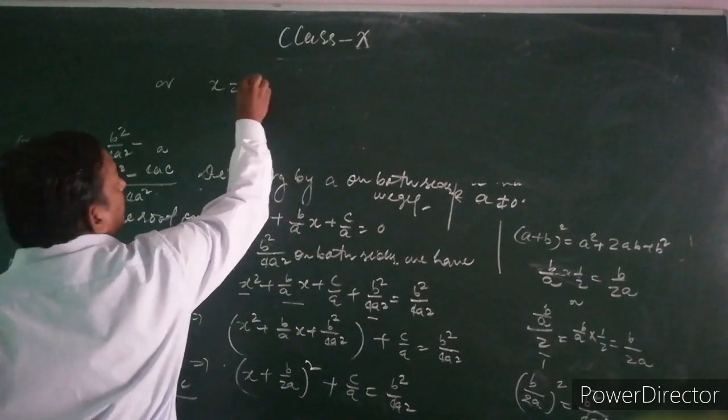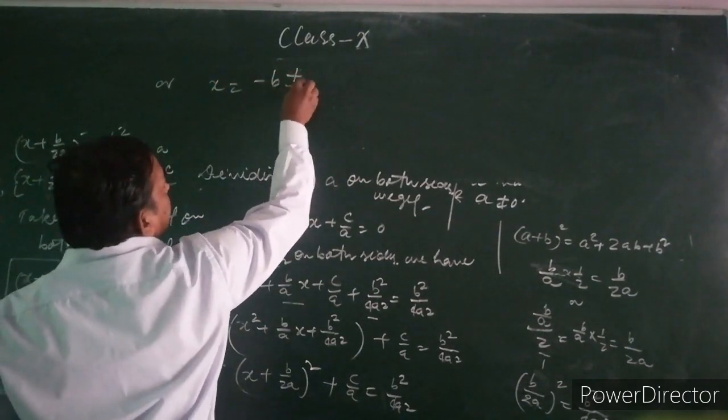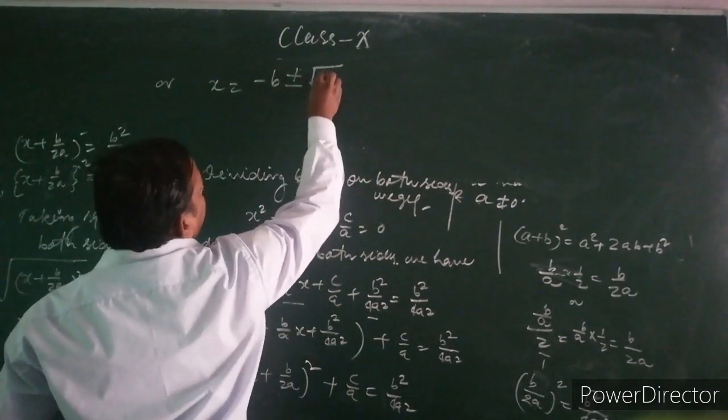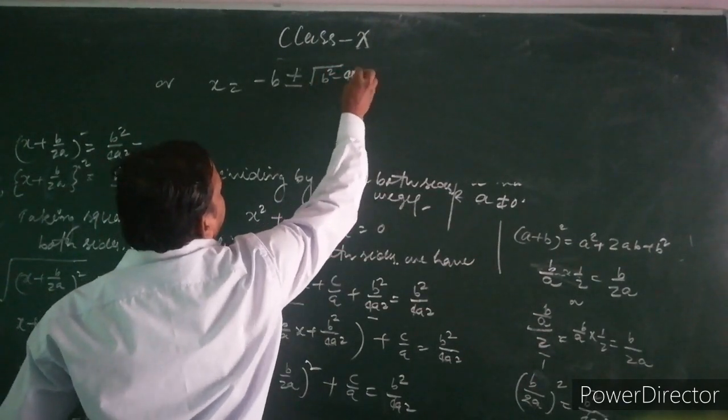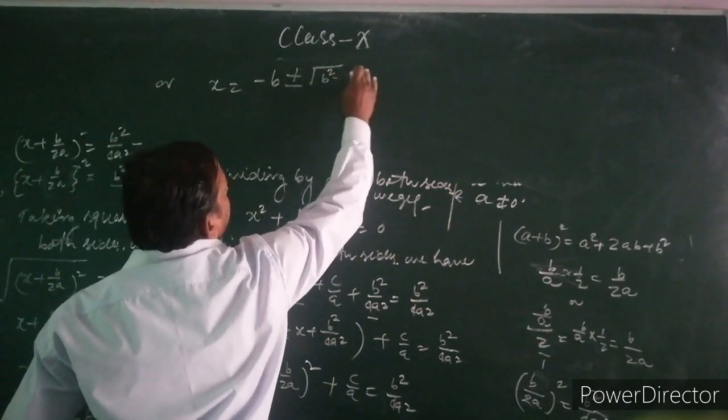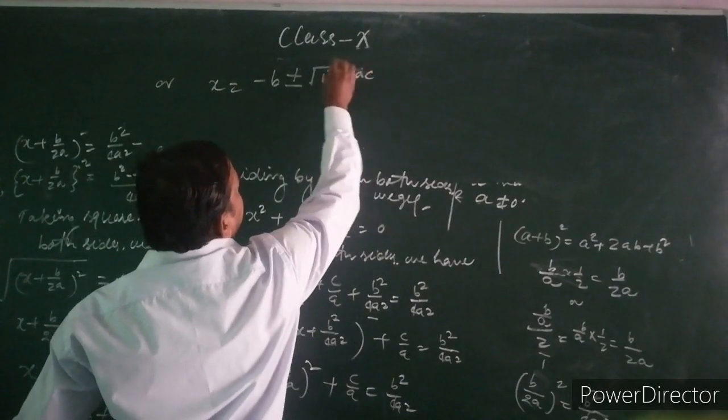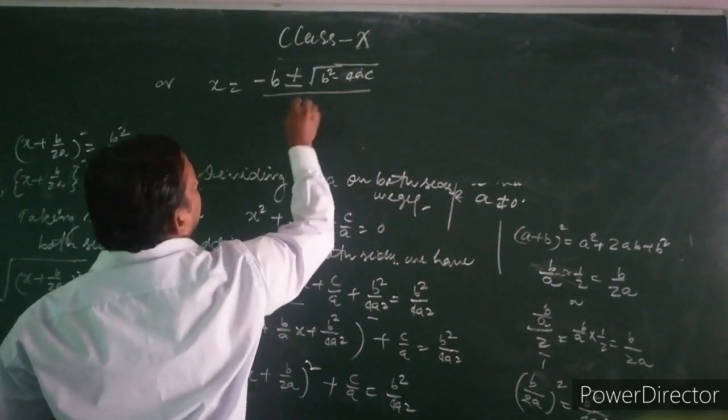x equals minus b plus minus under root (b² − 4ac) whole upon 2a.